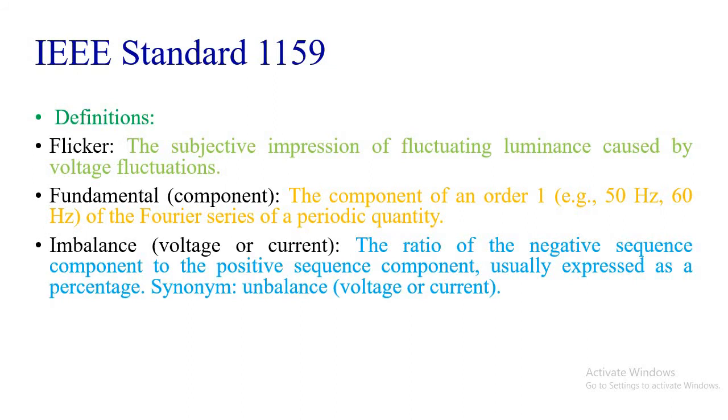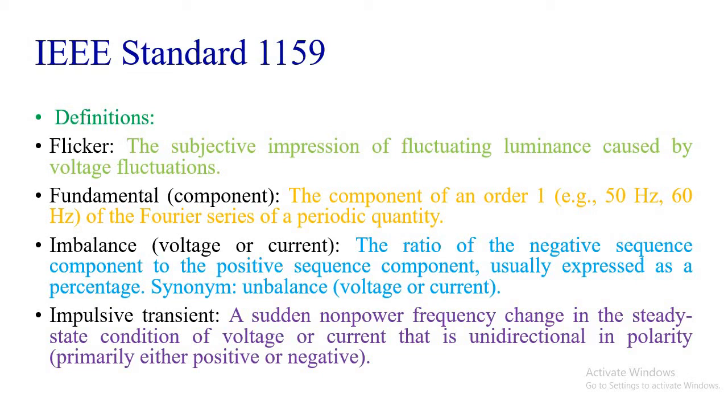Now, imbalance. Imbalance may be of voltage or of current. The quantity given in this standard is the ratio of the negative sequence component to the positive sequence component, usually expressed as a percentage. That is unbalance regarding voltage or current.